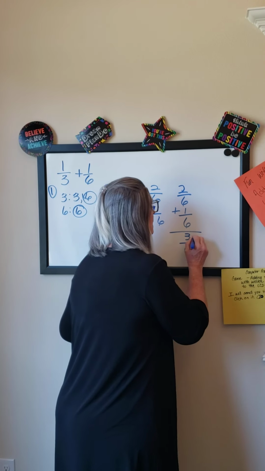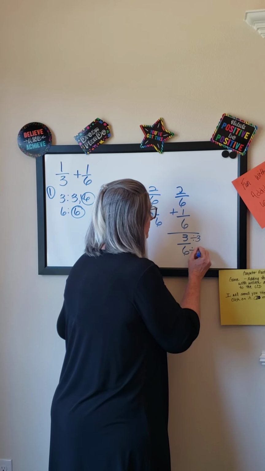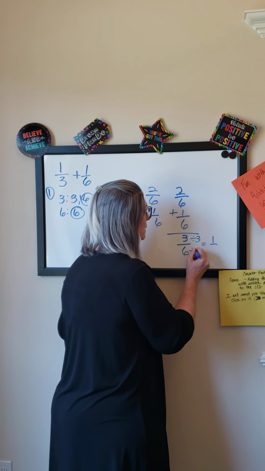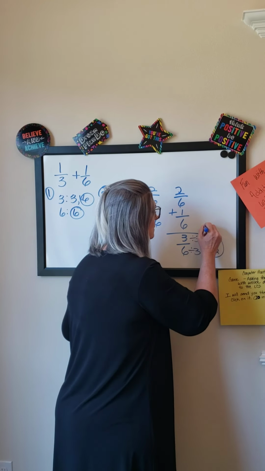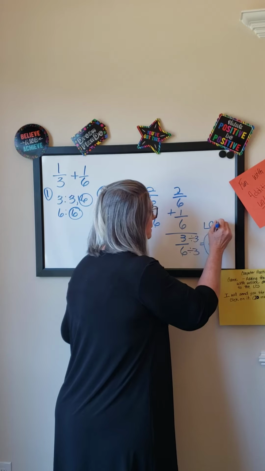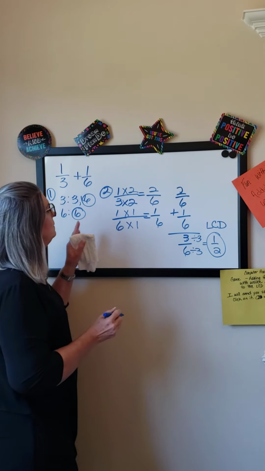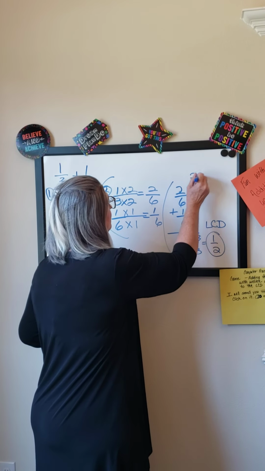Yes, I can. 3 divided by 3 is 1. 6 divided by 3 is 2. So this is our least common denominator. And these were steps 1, 2, and 3.